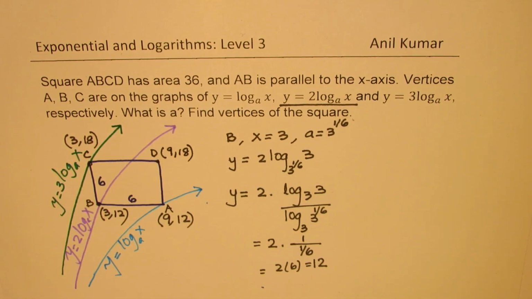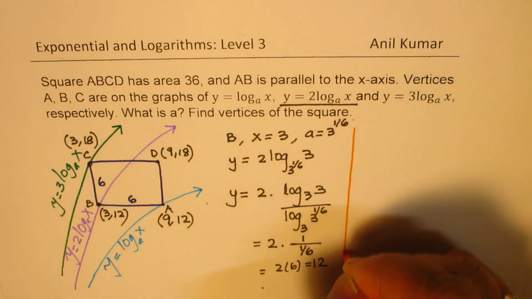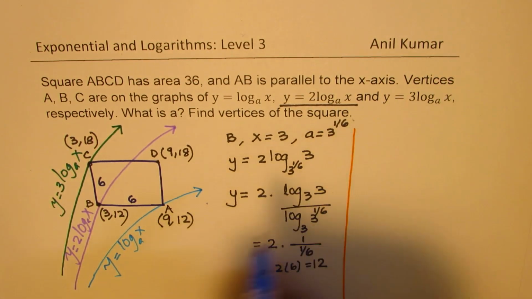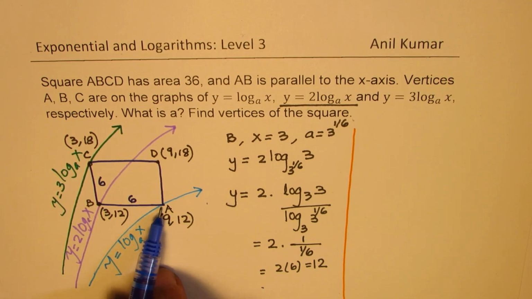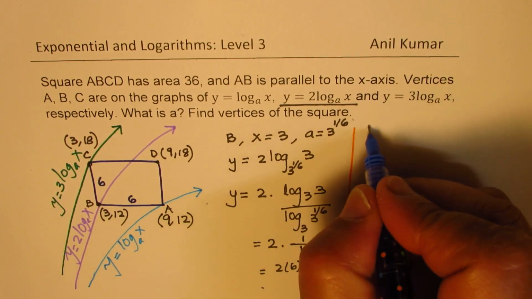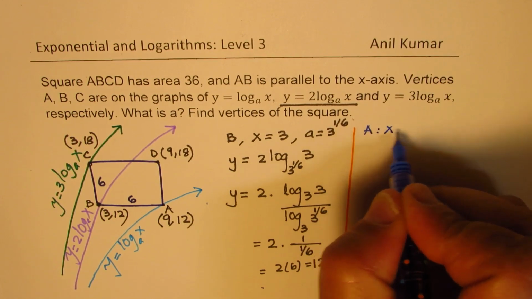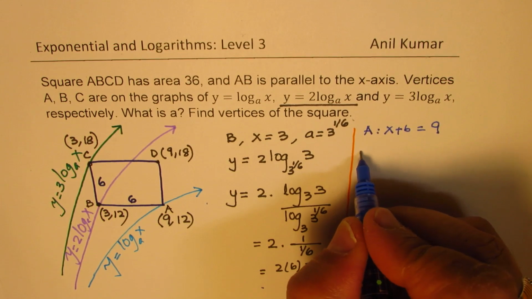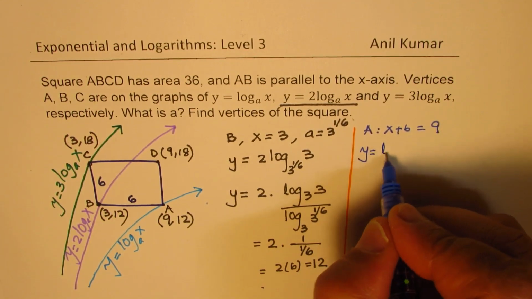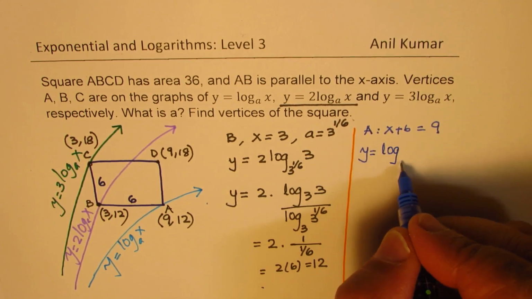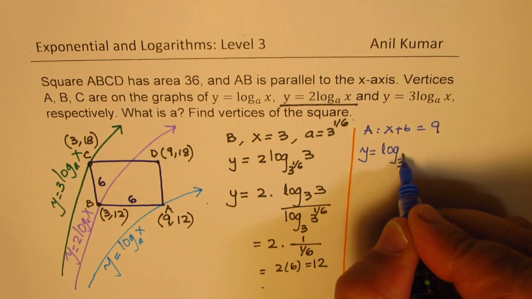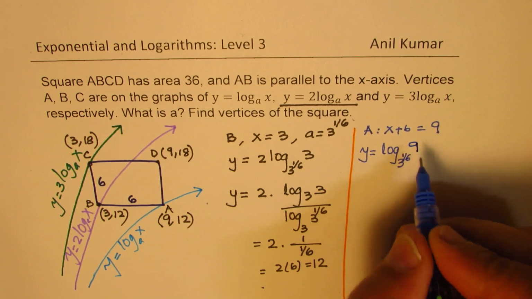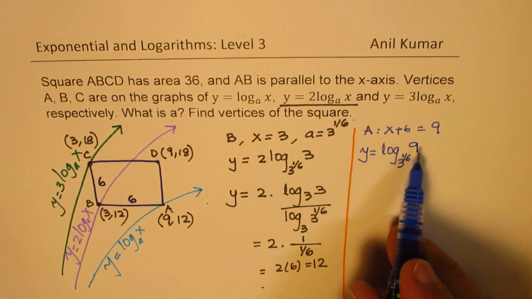But as a practice question, what I would like you to do here is also calculate the y value for A, right? We know that point A will be at x plus 6, which is 9. So we can substitute this here. So the y value will be equal to log to the base 3 to the power of 1 over 6 of 9, correct? So you can find this value.